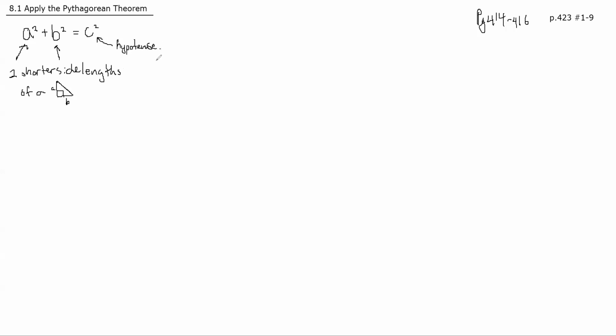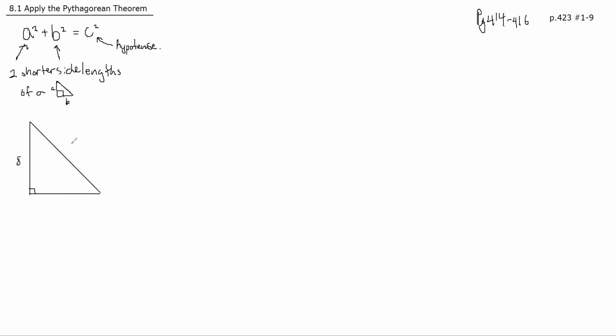Okay. Let's take a look at a basic question that I think you probably would have seen before in grade school. Here's one example. I'm just going to make it up, and please excuse potentially non-perfect drawings. We're going to pretend this is a 90-degree triangle.